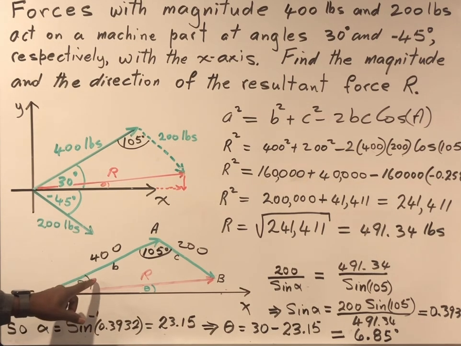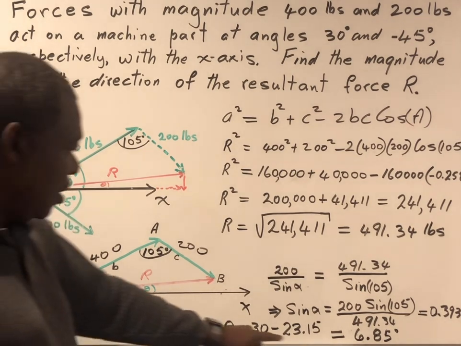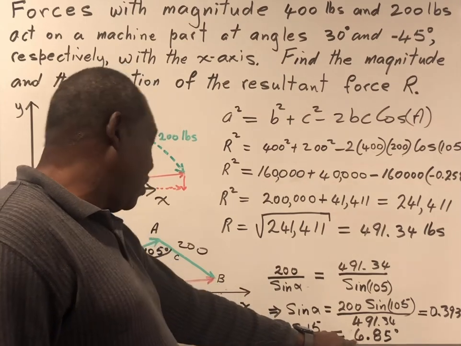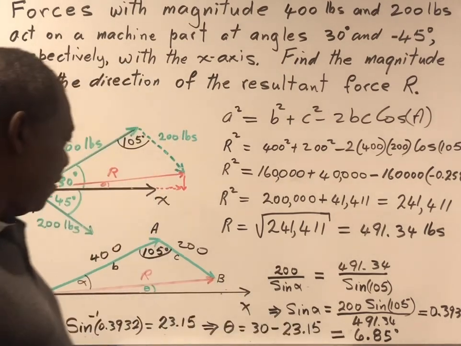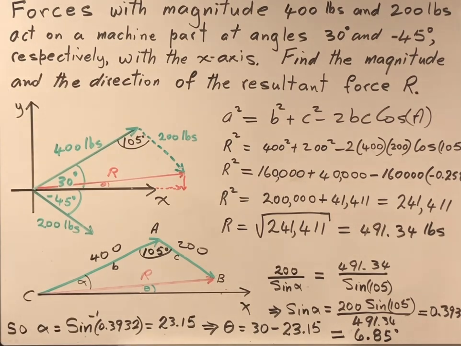So alpha is equal to 23.15 degrees, and to get theta, I subtract that 23.15 degrees from 30 degrees to give me the answer for theta, which is 6.85 degrees. And these two results are the same results as what we had before.